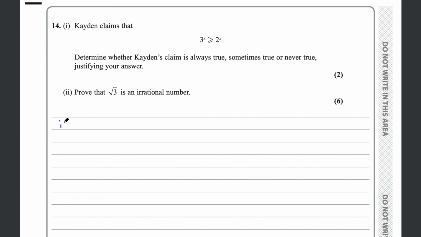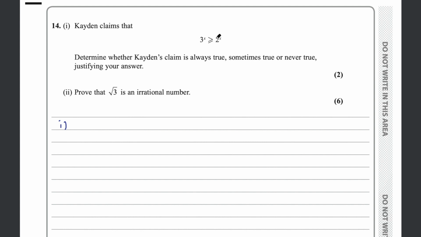Okay, so part I, well, for all positive values of x, this will be true. So 3 squared is greater than 2 squared, 3 cubed is greater than 2 cubed, etc. But if x is 0, 3 to the power 0 is 1, 2 to the power 0 is 1, that'd be equal. So that's still true. But then if x is negative 1, this would be 1/3 over 1/2.